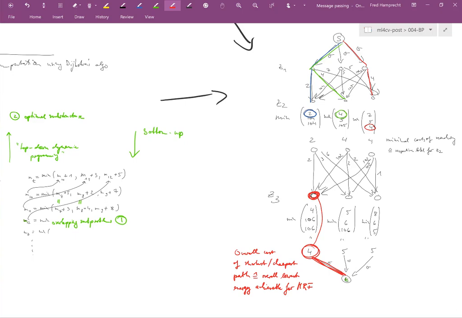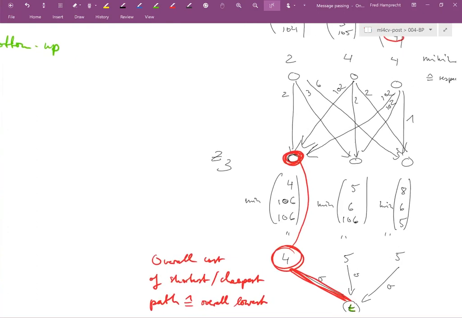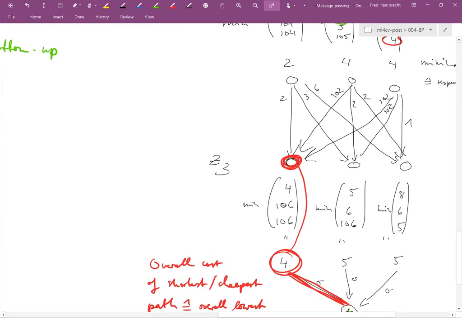So how can I recover it? I have to check going which way I will have a cost difference, cost of 4. So I know one path takes 2, and the node it leads to has already a cost of 2.